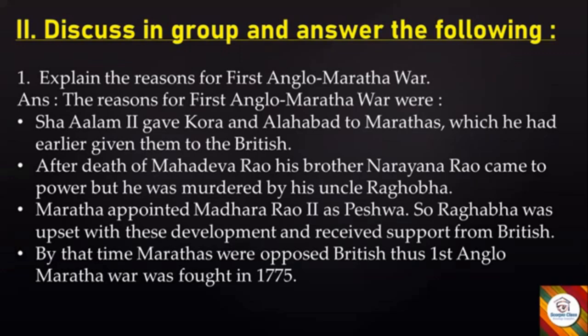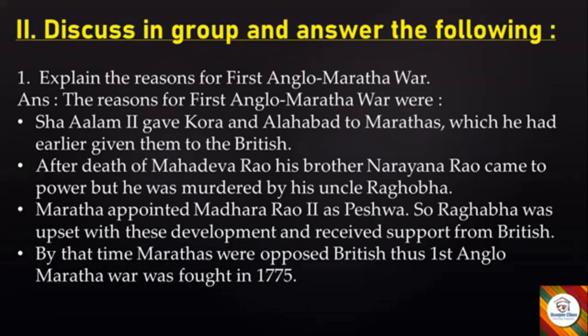The reasons for the First Anglo-Maratha War were: Shah Alam II gave Kora and Allahabad to Marathas, which he had earlier given to the British. After death of Mahadeva Rao, his brother Narayan Rao came to the power, but he was murdered by his uncle Raghoba.